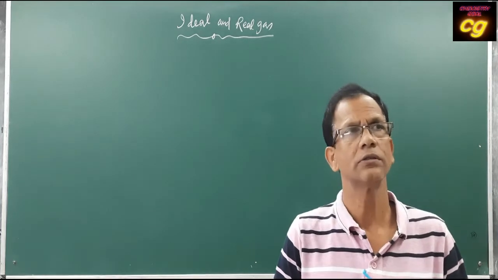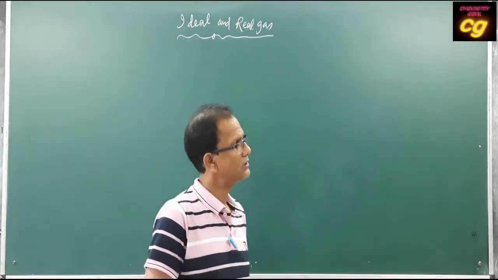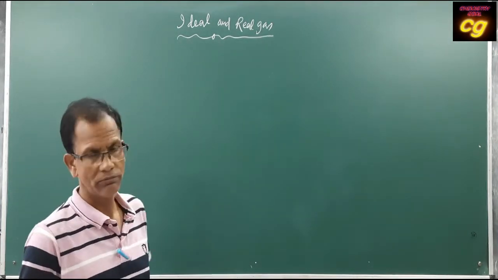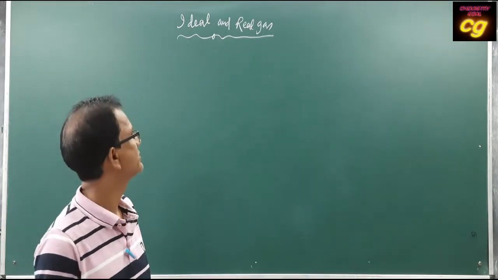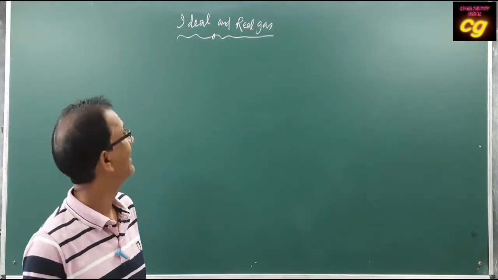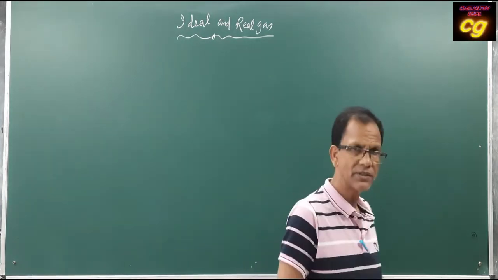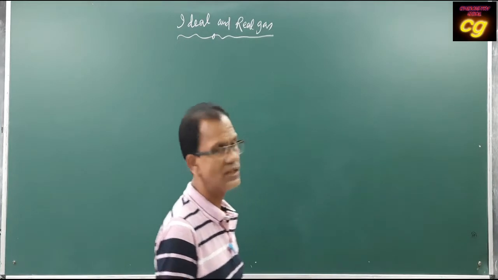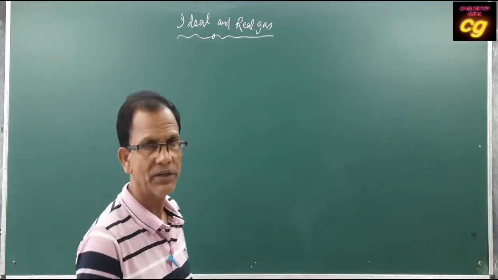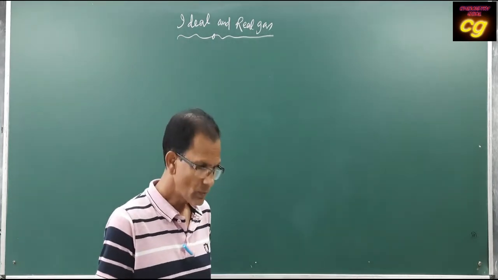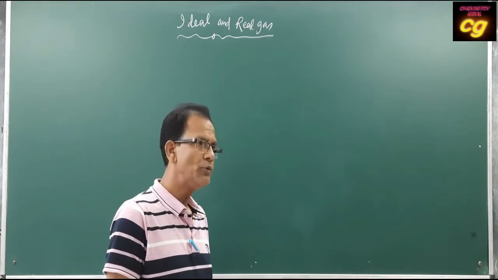Now we'll discuss the important nature of a gas, that is, ideal and real gas. On the basis of its nature, gas is generally of two types, ideal gas and real gas. Ideal gas we have already discussed.